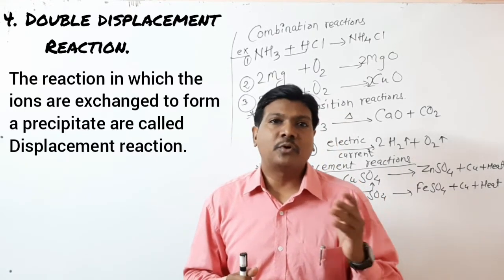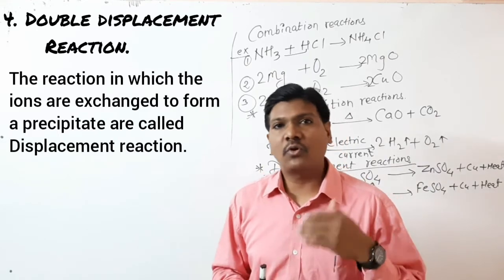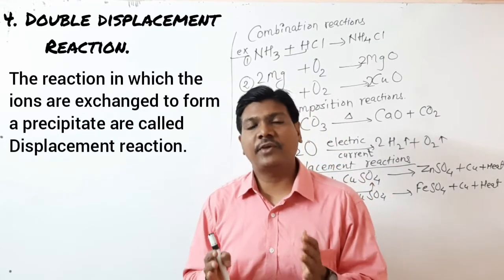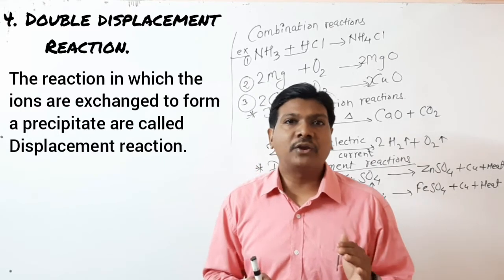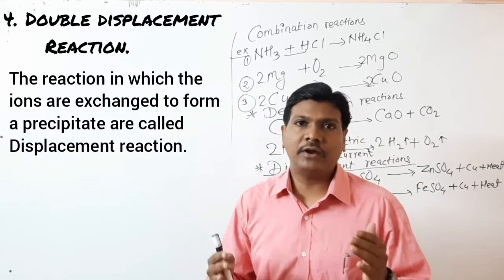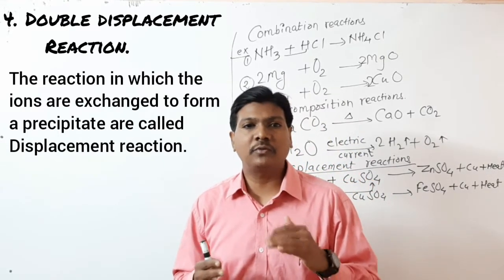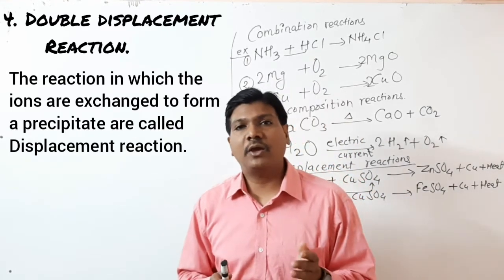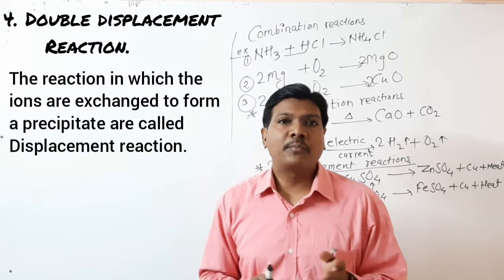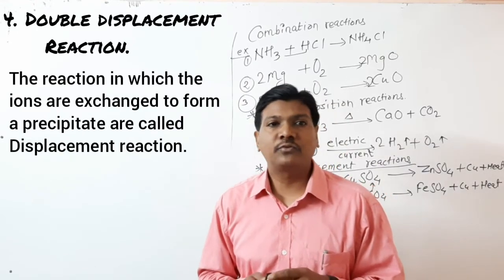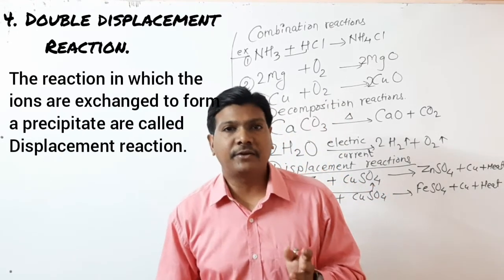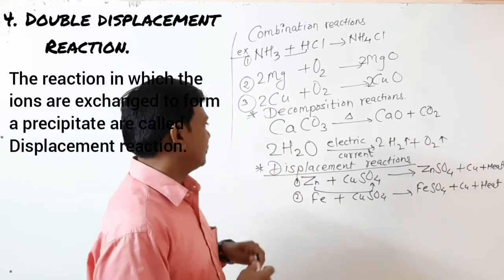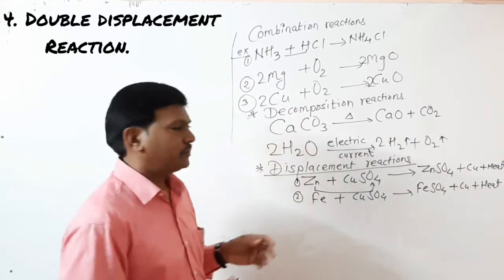Example, solution of sodium chloride, NaCl, and silver nitrate, AgNO3, react with each other forming a precipitate of silver chloride and solution of sodium nitrate. So see its example, how it is double displacement.